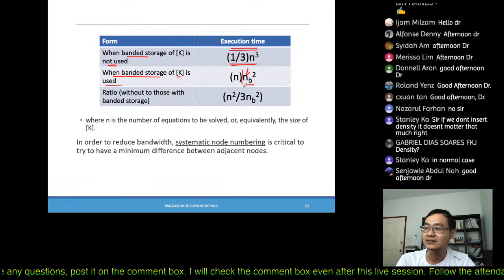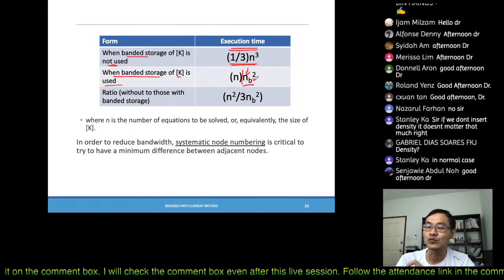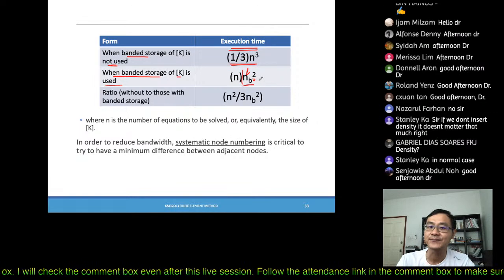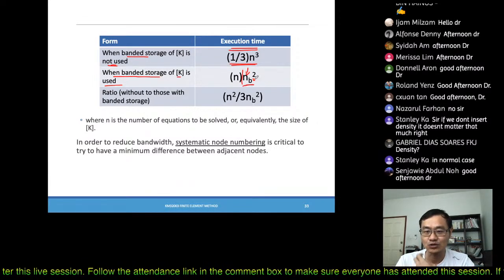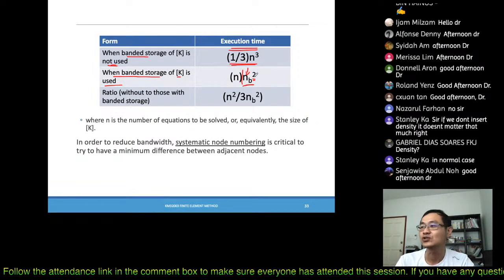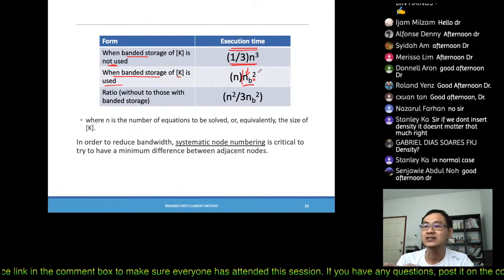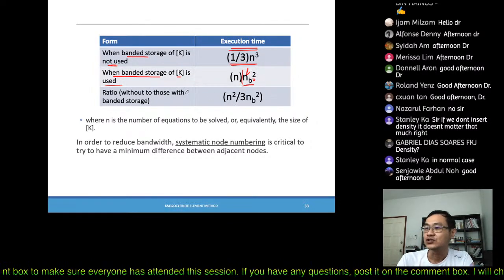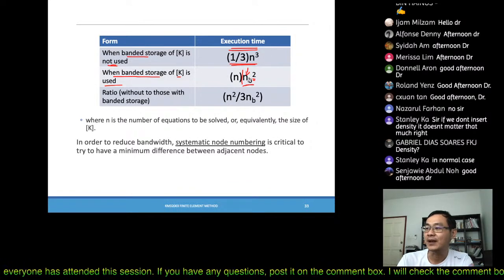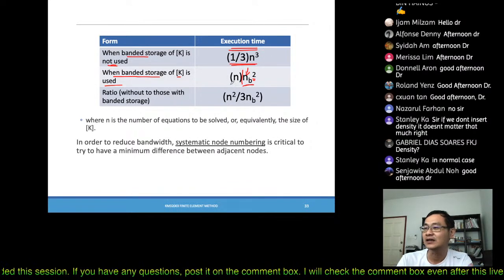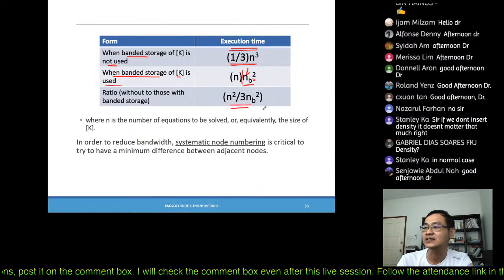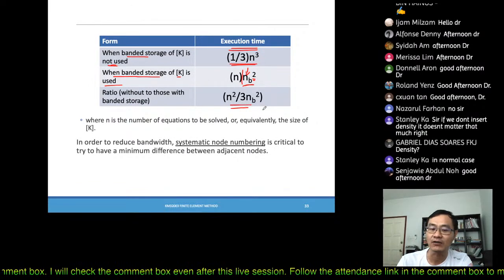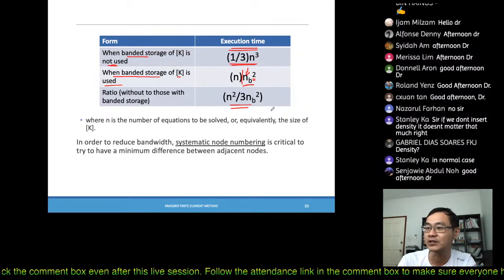And this has a power of 2, so whenever we can reduce this nb, the effect is doubled. So it's power 2. So if we compare banded storage and without, we can save this amount of time in terms of computation.